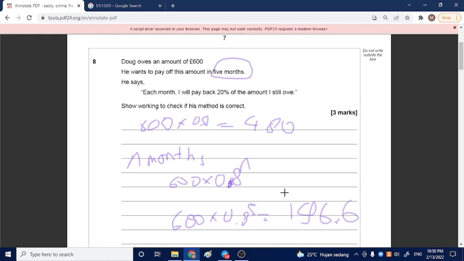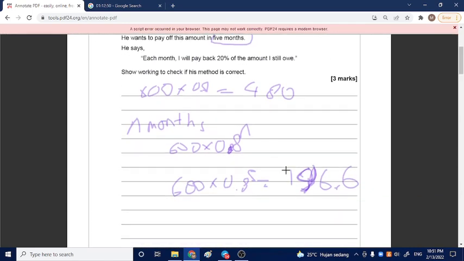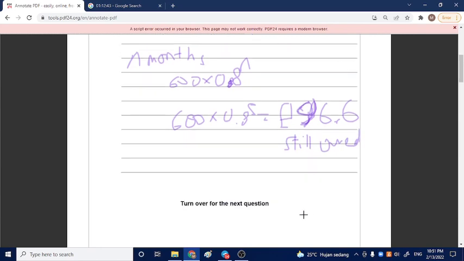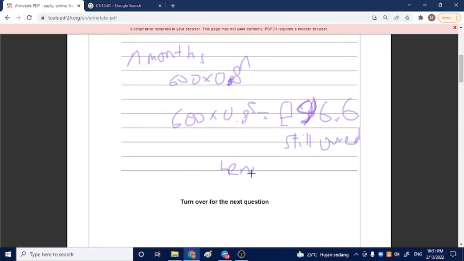Either way you will die before even getting 0. So I don't see the point of using that method. Anyways, since the question asked for only 5 months, they have this amount still owed, so hence incorrect.